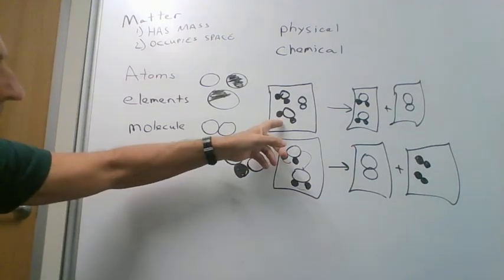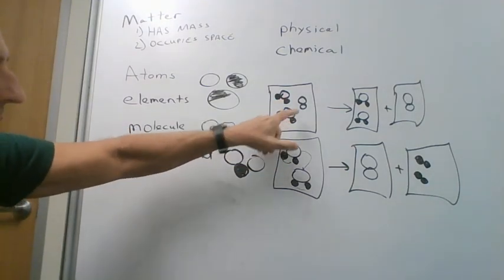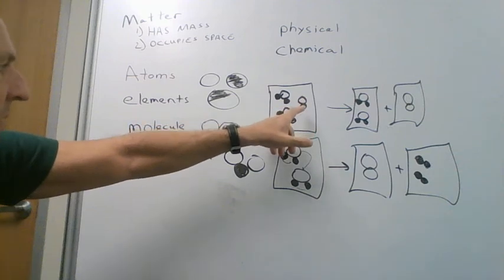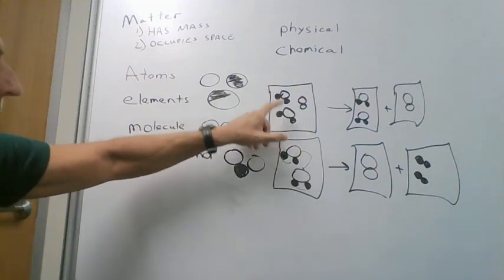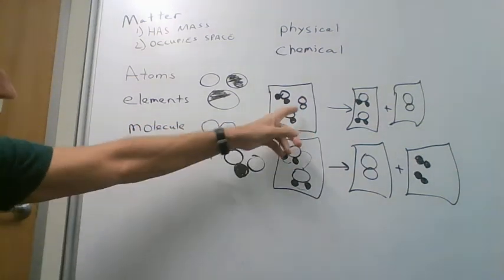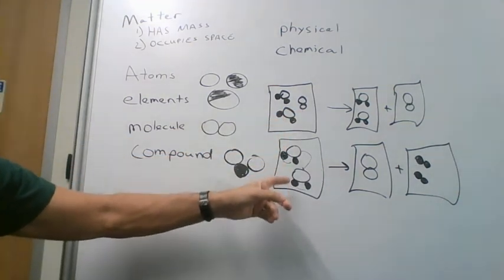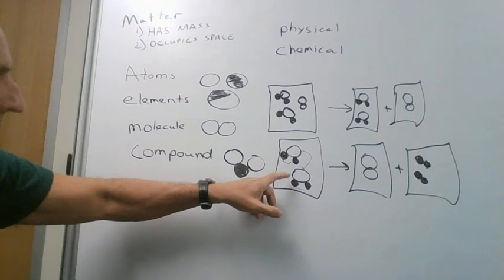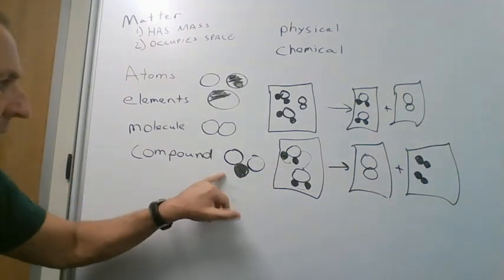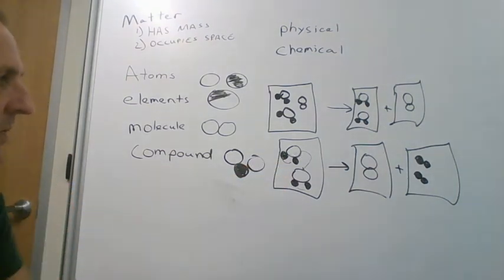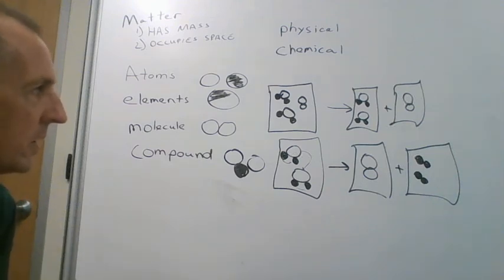Here we would have a mixture because we have two different things. We have this molecule of just one element, and then we have this compound. So we have a mixture of a compound and an element. Here we would have a pure substance, not a mixture, and it would be a pure compound. So this would be, for example, if you had pure water, all it would have in it is water molecules.